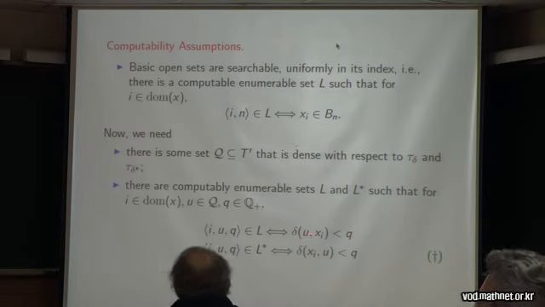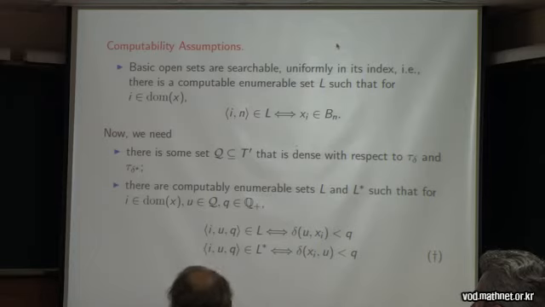if we have the quasi-metric delta, q a rational number, u a dense point, and x_i some computable point in the space, then we want to enumerate these triples such that the distance is lower than q, and we want to do the same for the conjugate metric.